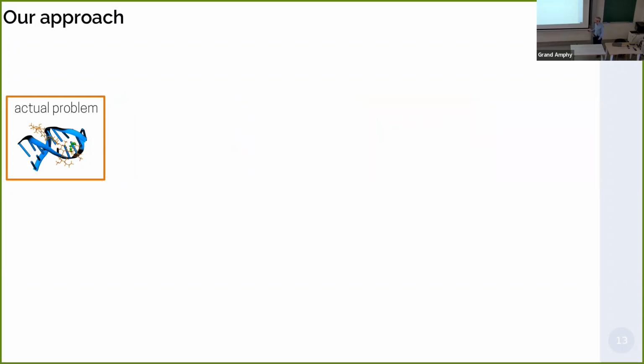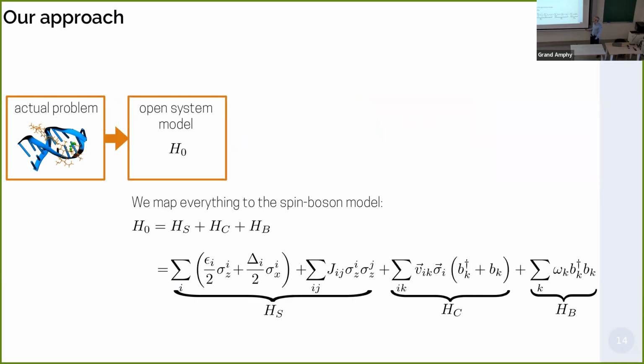So we start with an actual problem, and then we currently always transform it into what we call the open system model. Anything you start with, we make certain transformations to get it into the form of H0 equals a system Hamiltonian plus a coupling to a bath Hamiltonian. The system, being spins, can be any type of spin Hamiltonian with coupled spins or whatever.